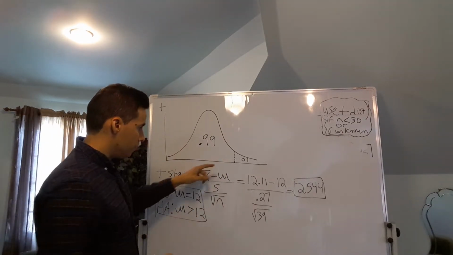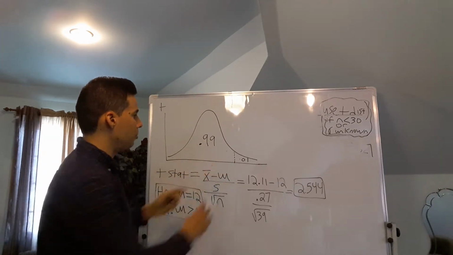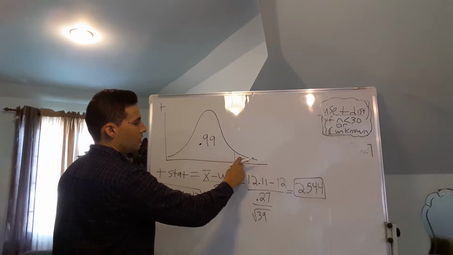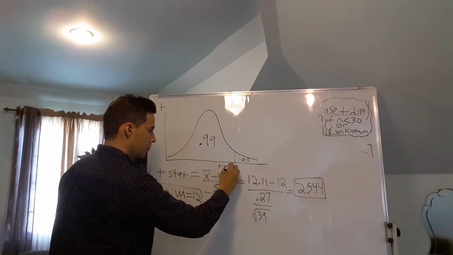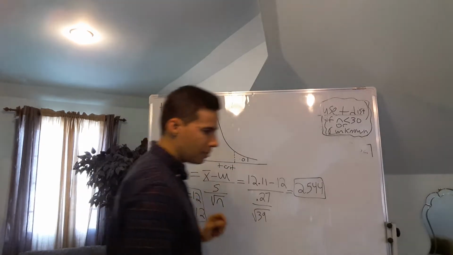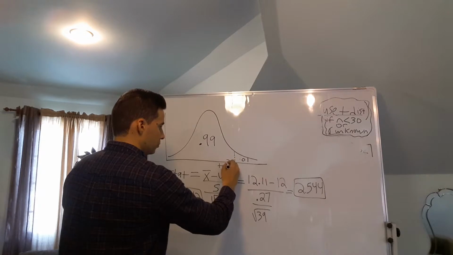Now using the t-distribution, where there's 99% on the left and 1% on the right, this is the t-critical value. It comes out of the t-table to be 2.429.